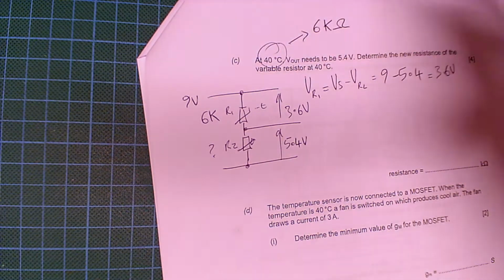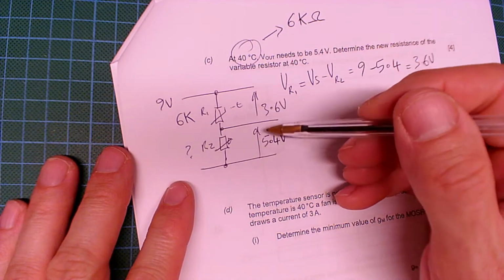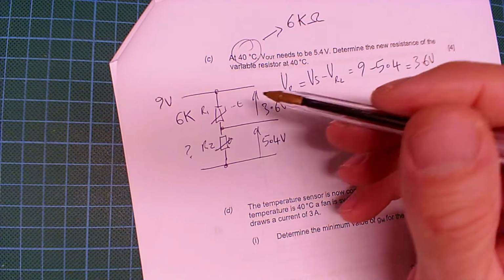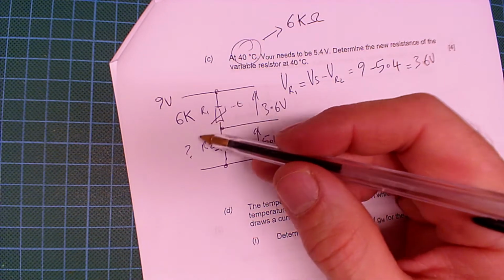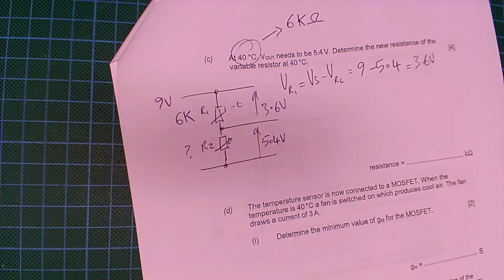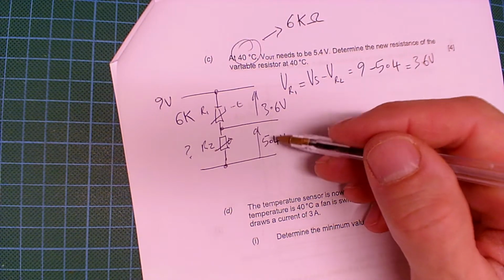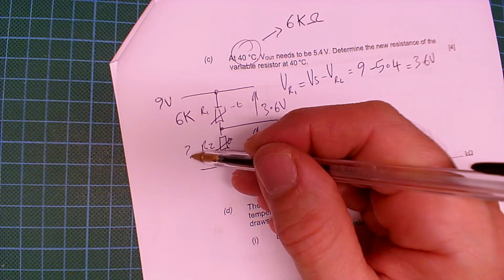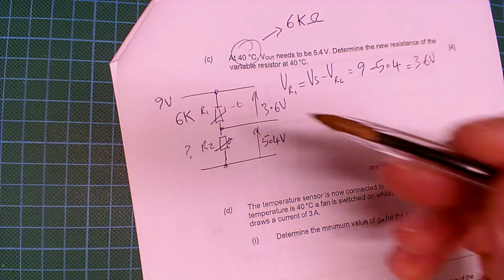So now that we know the voltage drops and we can work out the proportion here, then it should be possible to work out this resistance here. Okay, so we need to know how many times bigger this is than this, and then we know how many times bigger this resistance is than this one.